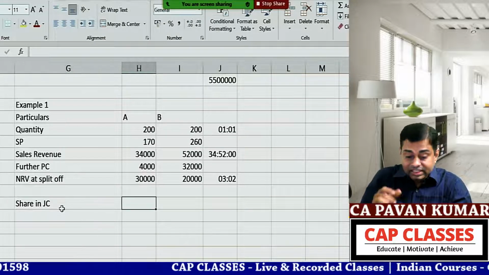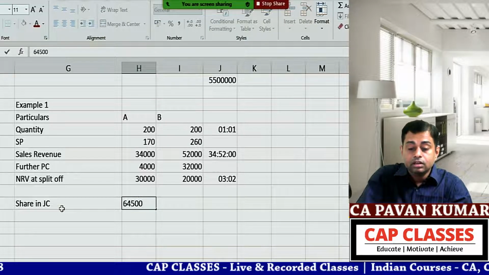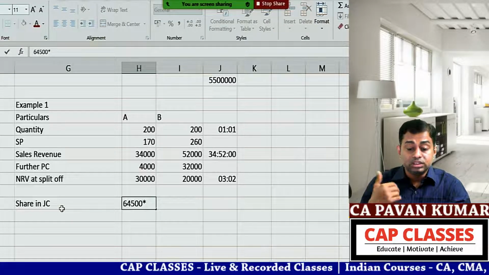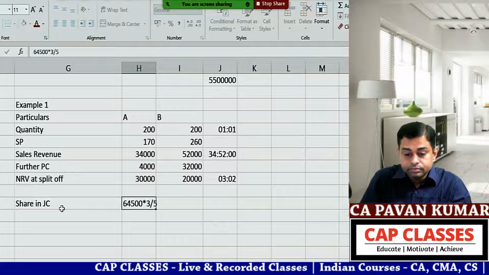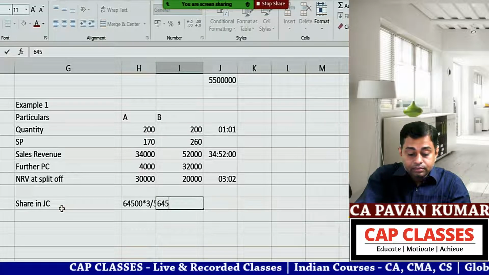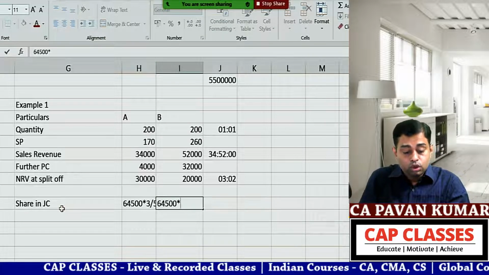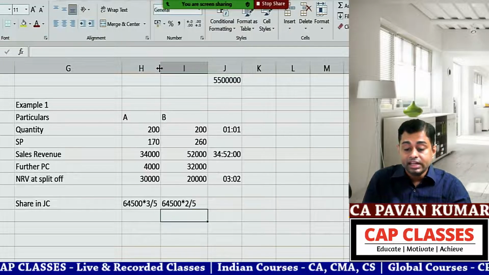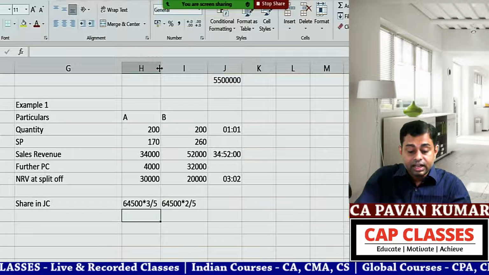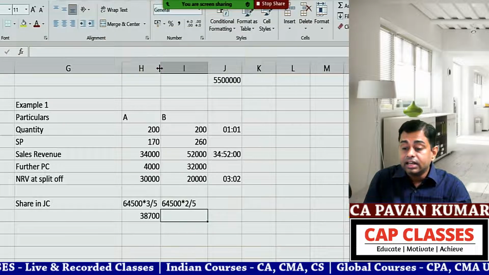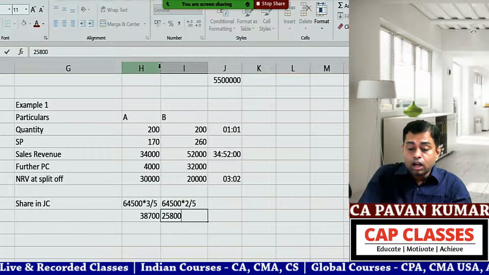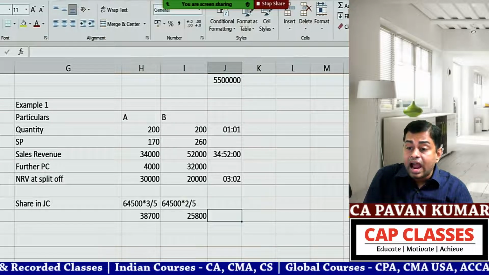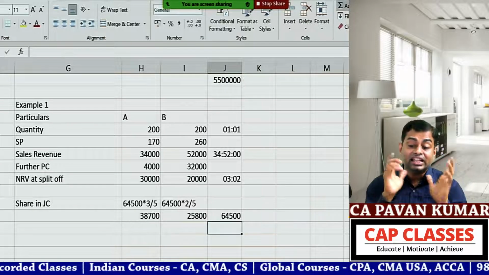So share in joint cost: can I say 64,500 into 3 divided by 5? Here 64,500 into 2 divided by 5. Calculate and tell me. It is 38,700 and 25,800. It is always safe to add both and see whether we have made any calculation mistake.